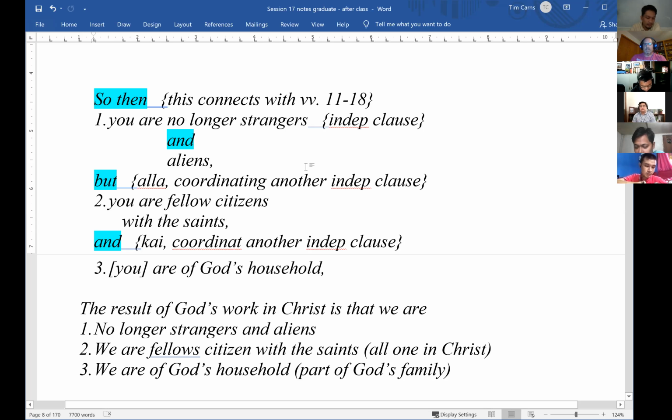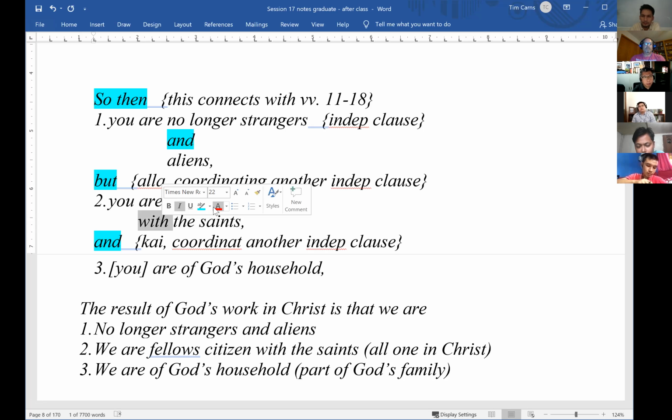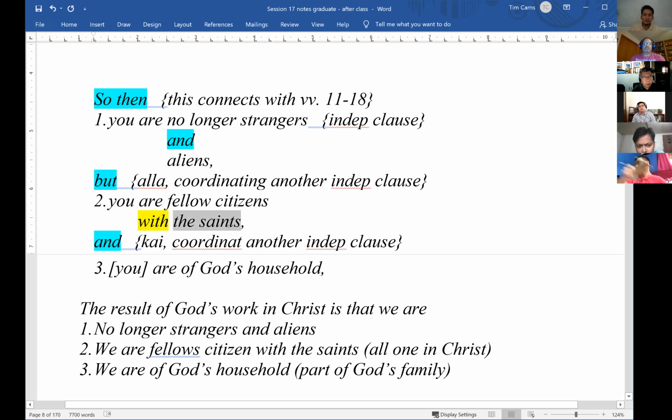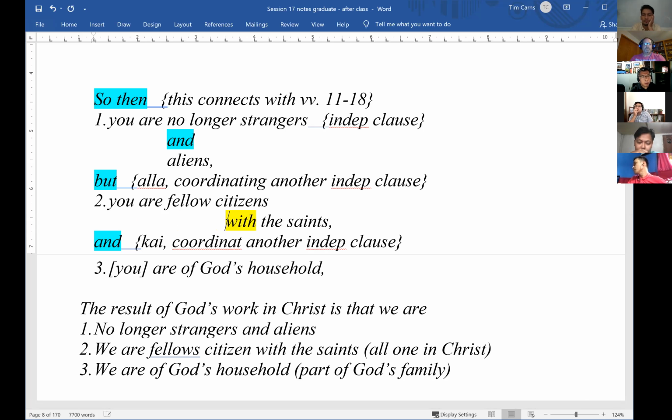Now you'll notice in this particular passage, we do have a preposition, "with," and notice what follows the preposition: a noun. Not a clause, but a noun. And it's connecting this noun to something else, in this case to citizens.